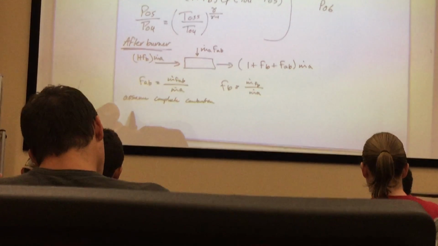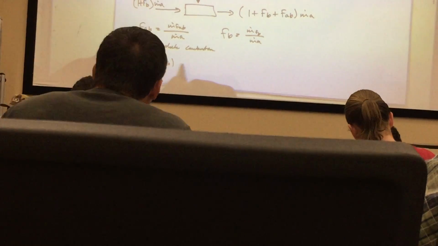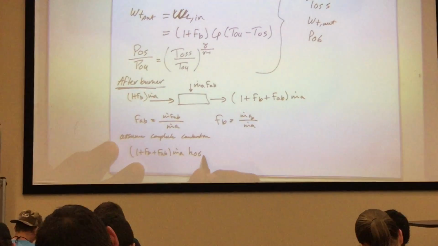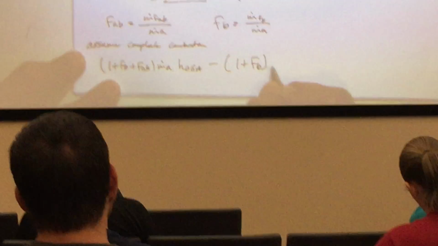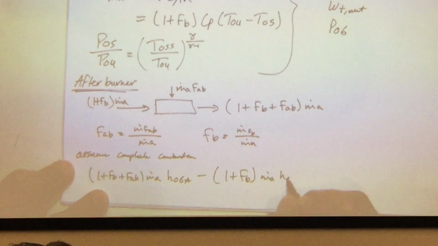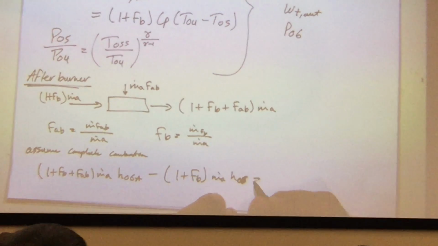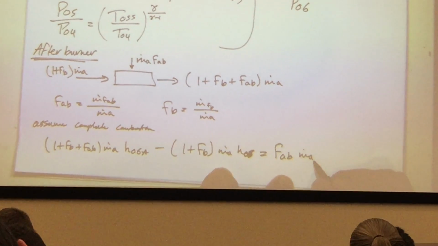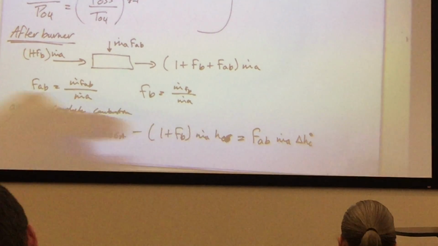I have (1 plus f_b plus f_ab) m_dot_a multiplied by h_O6 of my afterburner, minus (1 plus f_b) m_dot_a times the enthalpy coming into my afterburner, h_O5, is equal to the fuel to air ratio of my afterburner multiplied by the mass flow rate of the air passing through, multiplied by the heat of combustion of the fuel.